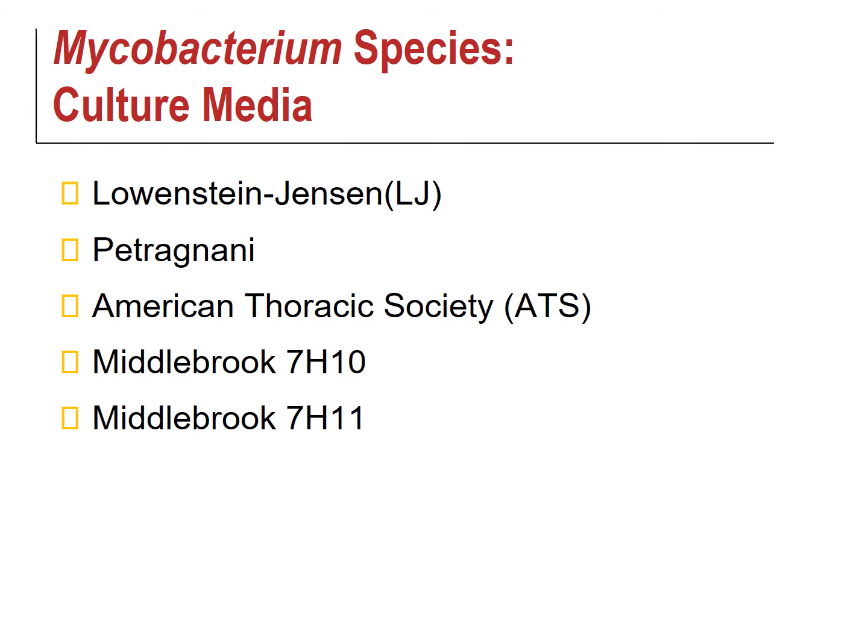There are numerous identification methods in addition to conventional tests that are used to speciate and identify Mycobacterium species. HPLC, or high performance liquid chromatography, for example, utilizes the principle of species-specific fatty acids for identification.